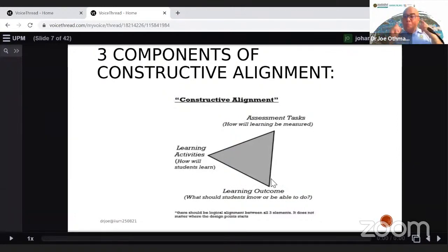So what should constructive alignment be? If I have a PhD in durian, I know everything about durian from A to Z: the history, the types, what you can do with durian. Then for sure when I go into the class, I should be teaching all about durian from A to Z, nothing else but durian.